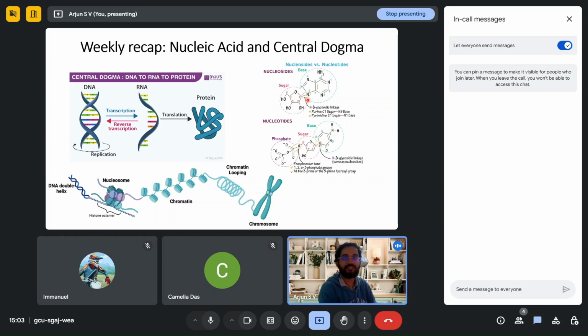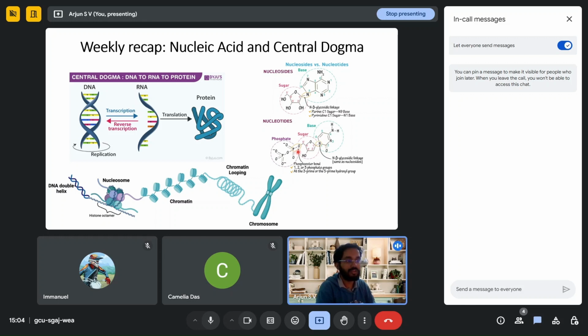If the sugar is conjugated to a base like adenine, guanine, thymine, or cytosine, it forms a nucleoside. And the nucleoside, if it's conjugated with a phosphodiester bond, is called a nucleotide. And multiple nucleotides conjugated together form a nucleic acid.